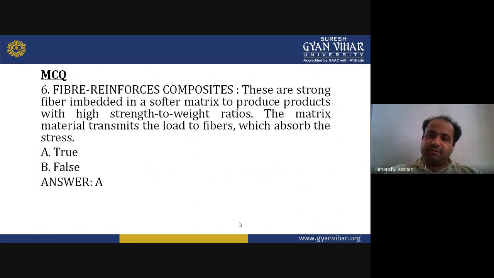So the matrix material transmits the load to fibers, which absorb the stress. Read it once again so that you will have a better understanding. The matrix material transmits the loads to fibers, which absorb the stresses. So I think it's true.